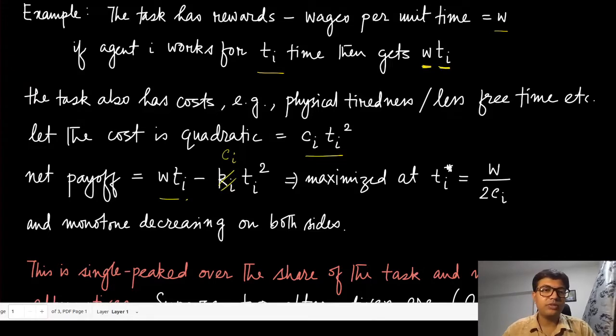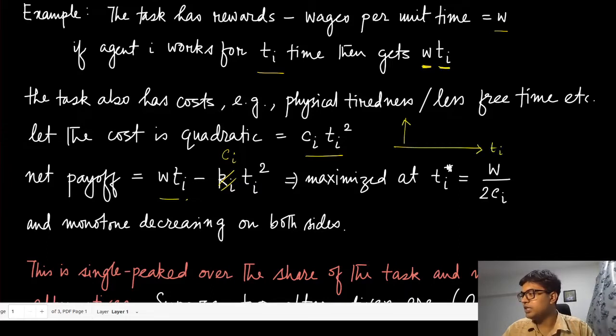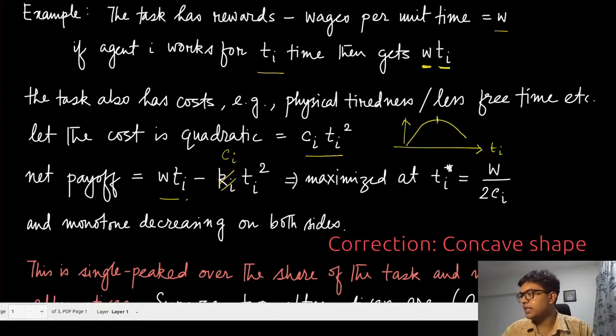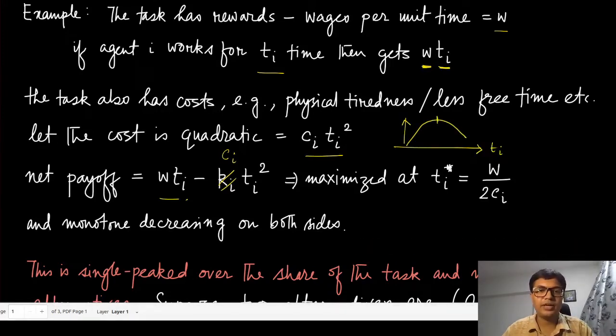So w·T_i minus c_i·T_i squared is the net payoff that this agent gets. So you can plot the payoff: payoff on the y-axis, and on the x-axis T_i. Then you can see that it has a concave shape, and it certainly has a maximum point. This maximum point is achieved at T_i star, which is given by this.